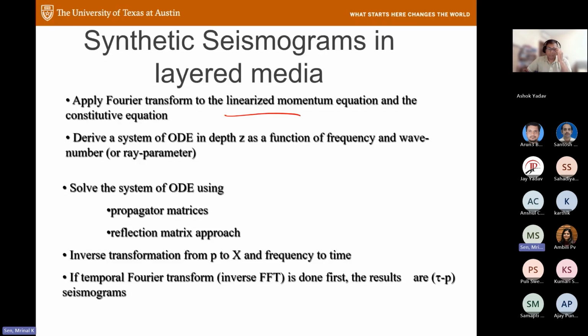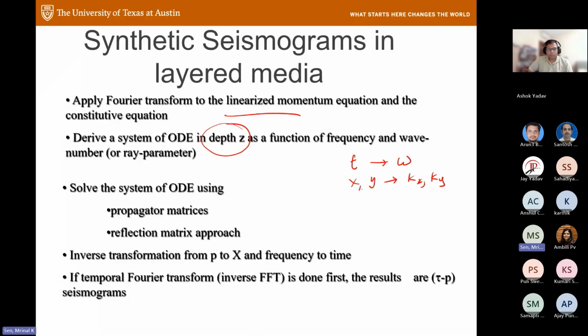So we go from t to omega, and we go from xy to kx ky. It turns out that if you apply these transformations to your wave equation, then you get an ordinary differential equation in depth only, because the xy dependence is gone.